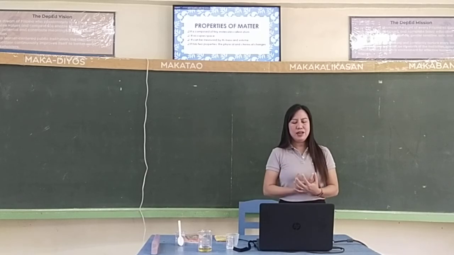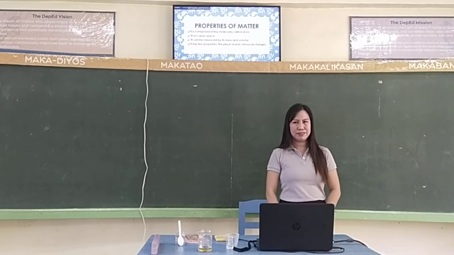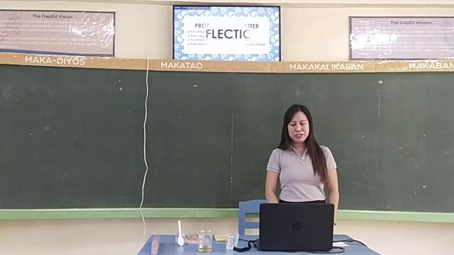The first one is composed of tiny molecules called atoms, and the second one, Miss Anne Curtis? It occupies space and can be measured by its mass and volume. It has two properties, the physical and the chemical. So these are all the basic properties of matter.